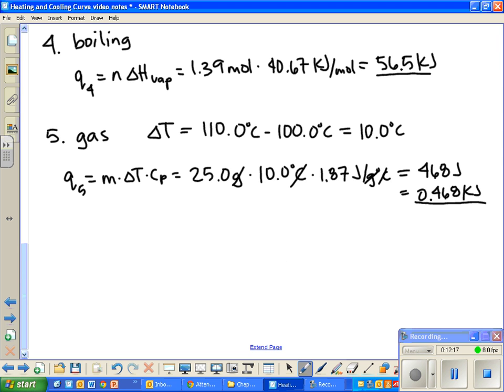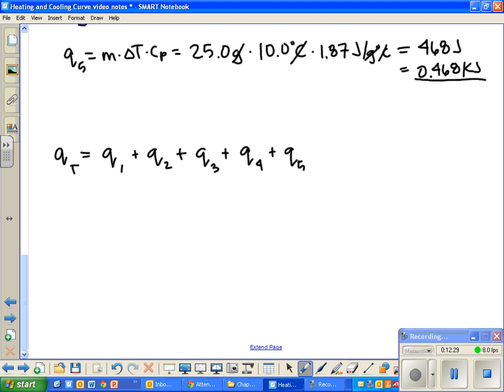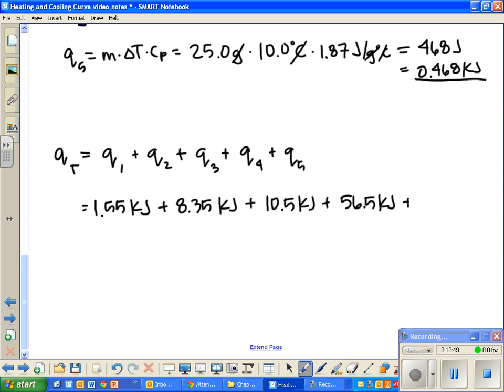So now it's time to find the total heat. So the total amount of energy is going to be Q1 plus Q2 plus Q3 plus Q4 plus Q5. In adding them, they have to be in the same units, so I already converted them all to kilojoules. So 1.55 kilojoules plus 8.35 kilojoules plus 10.5 kilojoules plus 56.5 kilojoules plus 0.468 kilojoules.